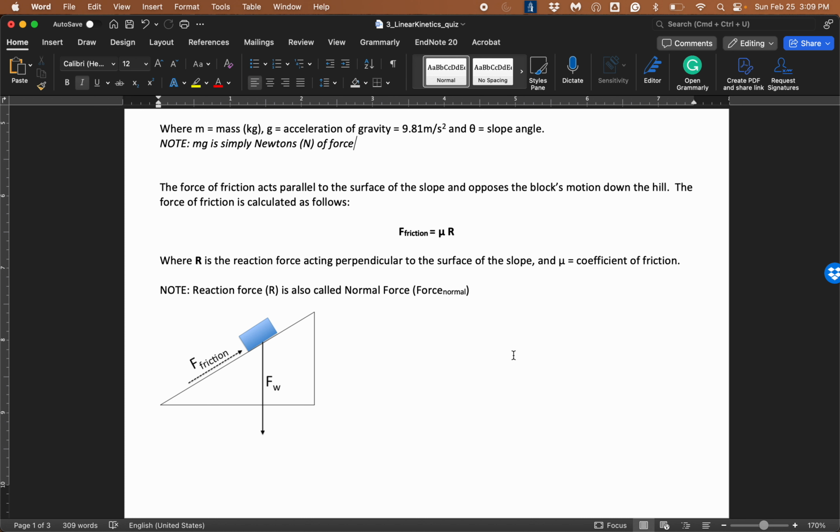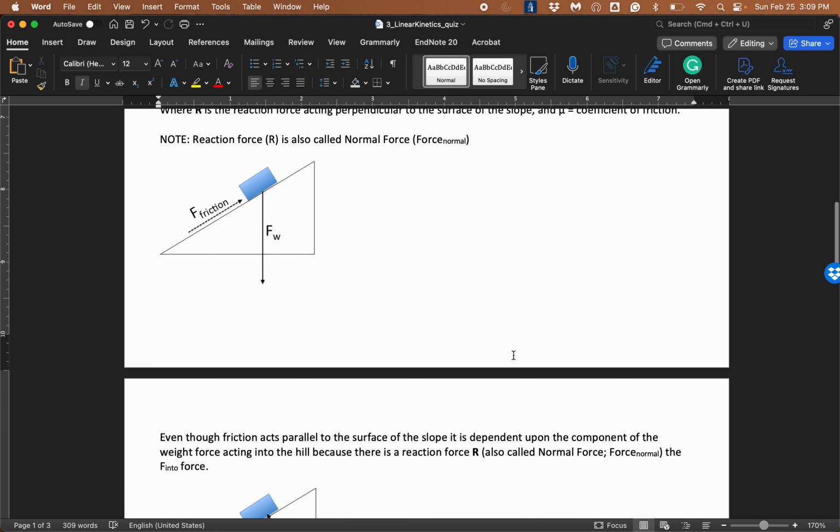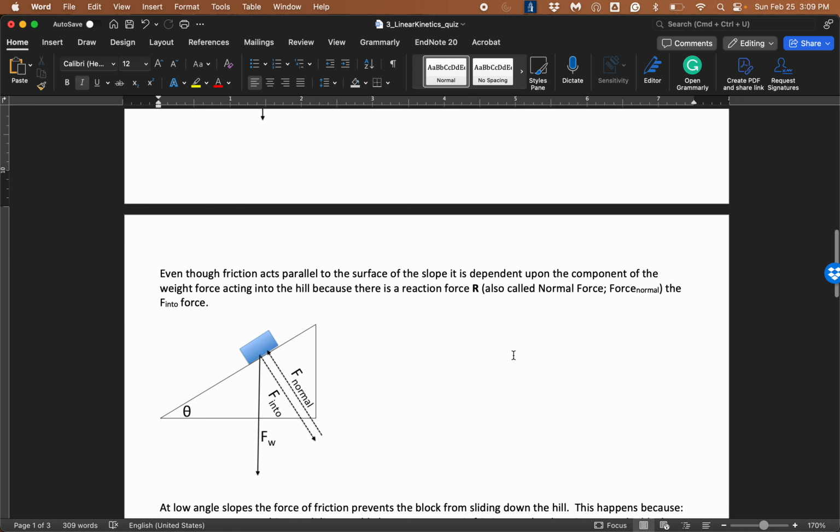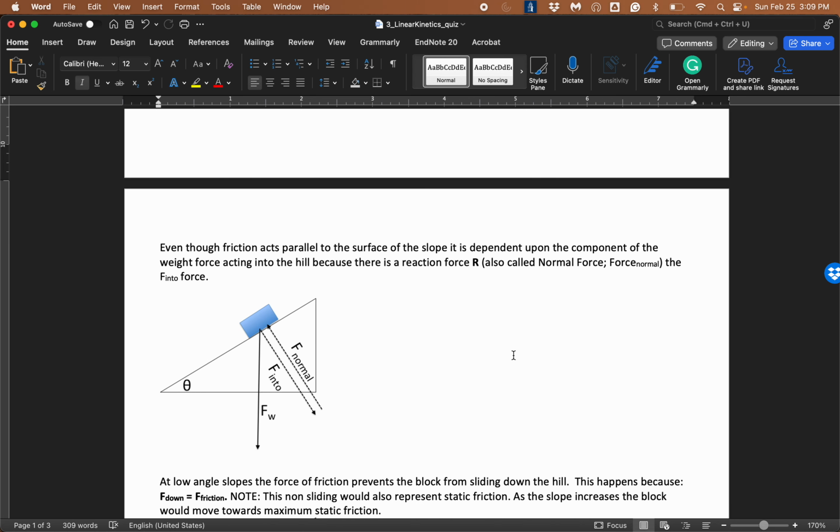Note that reaction force is often called normal force. If you see force normal or normal force, just realize that it is the same as reaction force as we go forward.